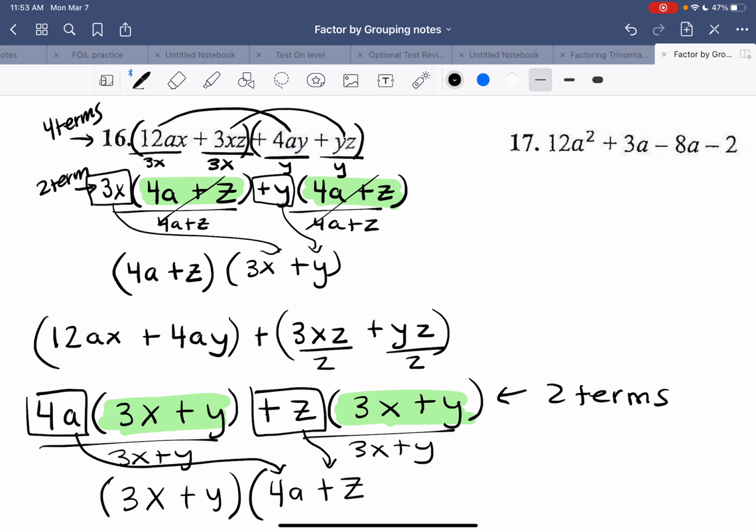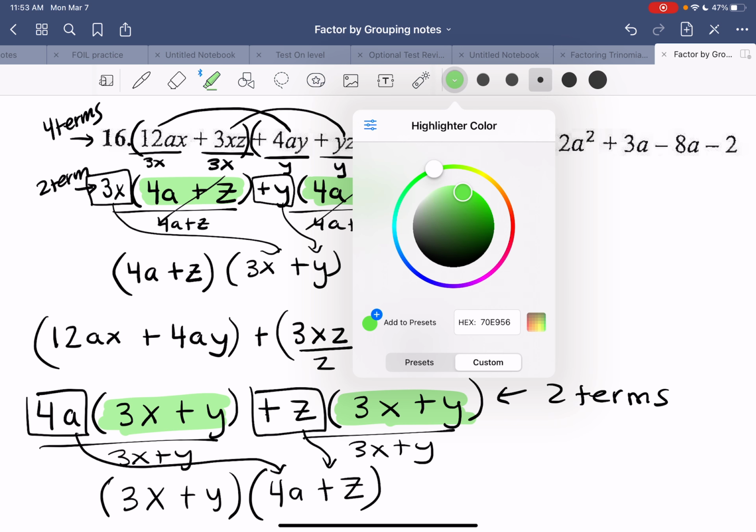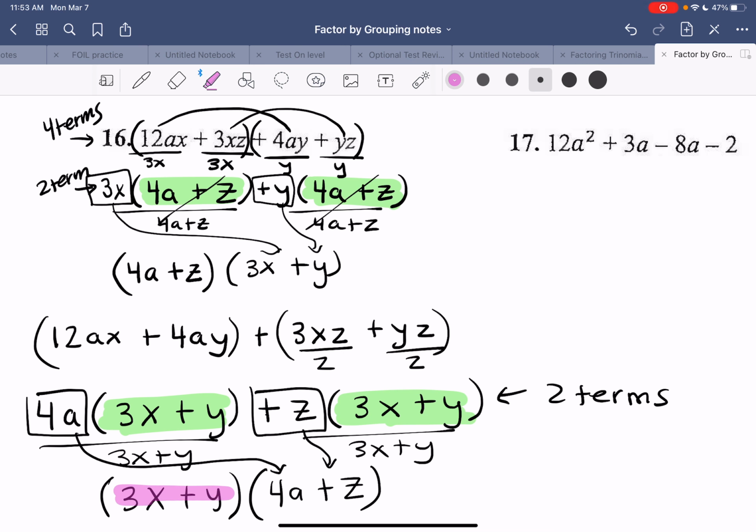And hopefully you notice that here, 3x plus y and 3x plus y, 4a plus z and 4a plus z.